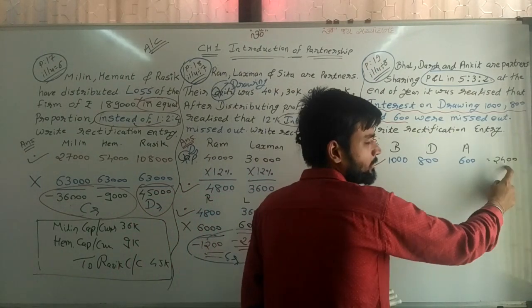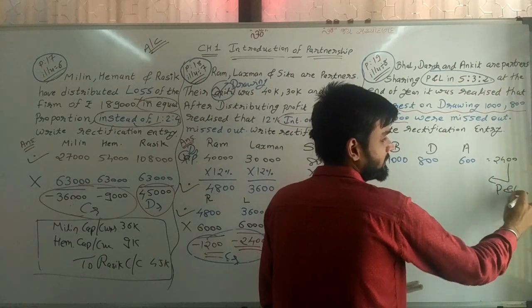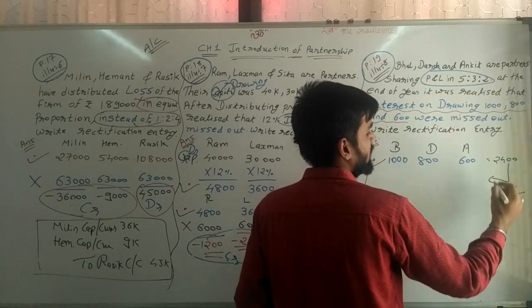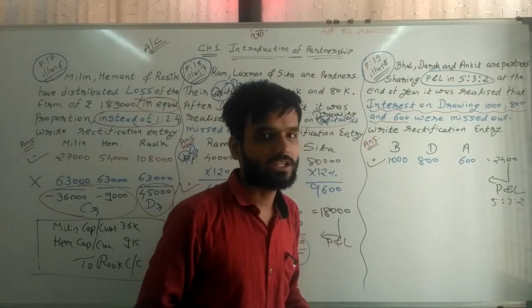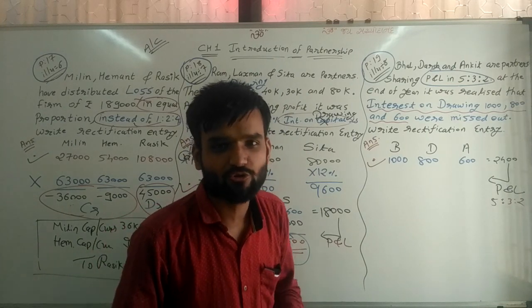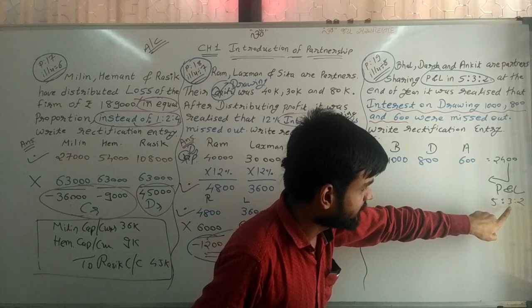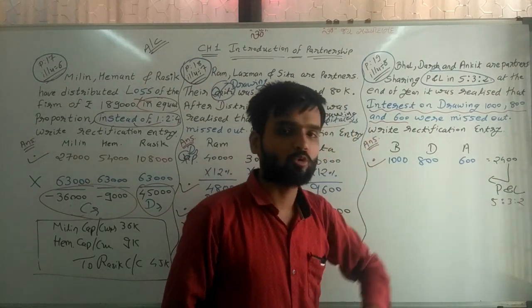Write the correct, make the total of this and distribute it in the P&L proportion. Sir, the P&L proportion is given as 5:3:2. Here we cannot take an equal ratio, and that's why we distribute this 2400 in the 5:3:2 proportion.